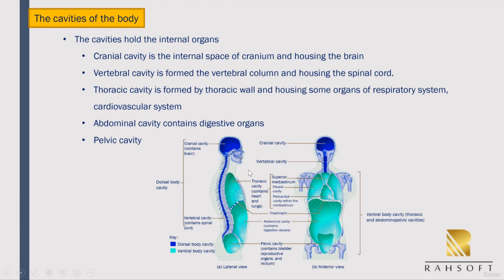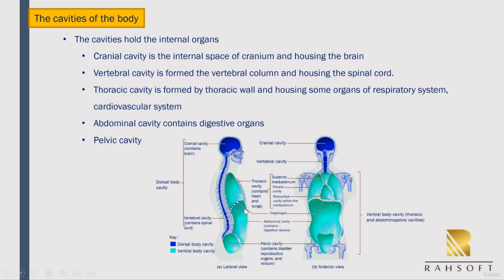Lastly, the green sections here are the thoracic cavity, this upper one, which is formed by the thoracic wall and houses some organs of the respiratory system and the cardiovascular system, particularly the lungs and the heart. The abdominal cavity is this middle one that contains the digestive organs.